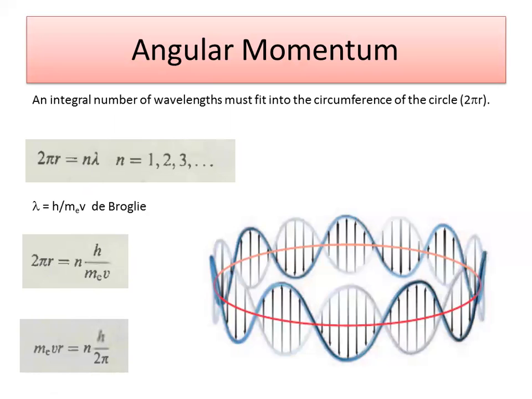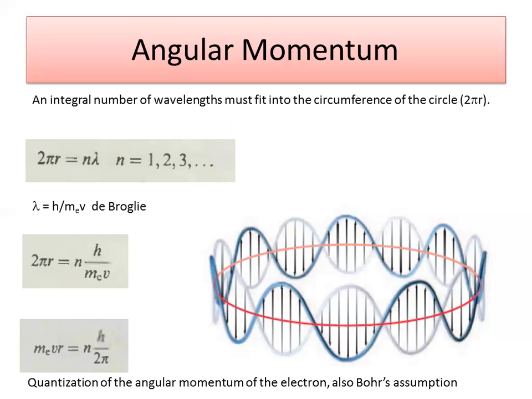So this is the angular momentum, and you can calculate the angular momentum of the electron moving in a circular path around the nucleus. And if you remember from intermediate, this is the same as the Bohr assumption for the angular momentum of the electron.